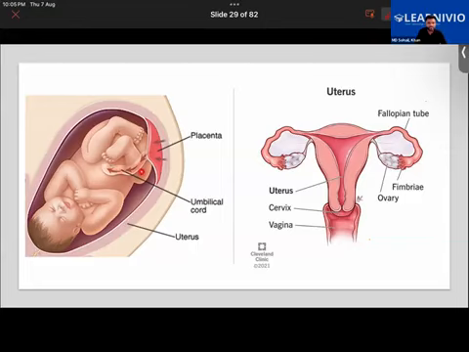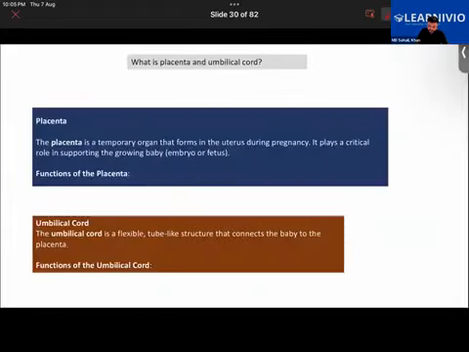Between the fetus and the mother, it's responsible for important functions like providing nutrients to the child, delivering oxygen to the child, and removal of waste that is produced in the body of the child. So that is the important function of it.